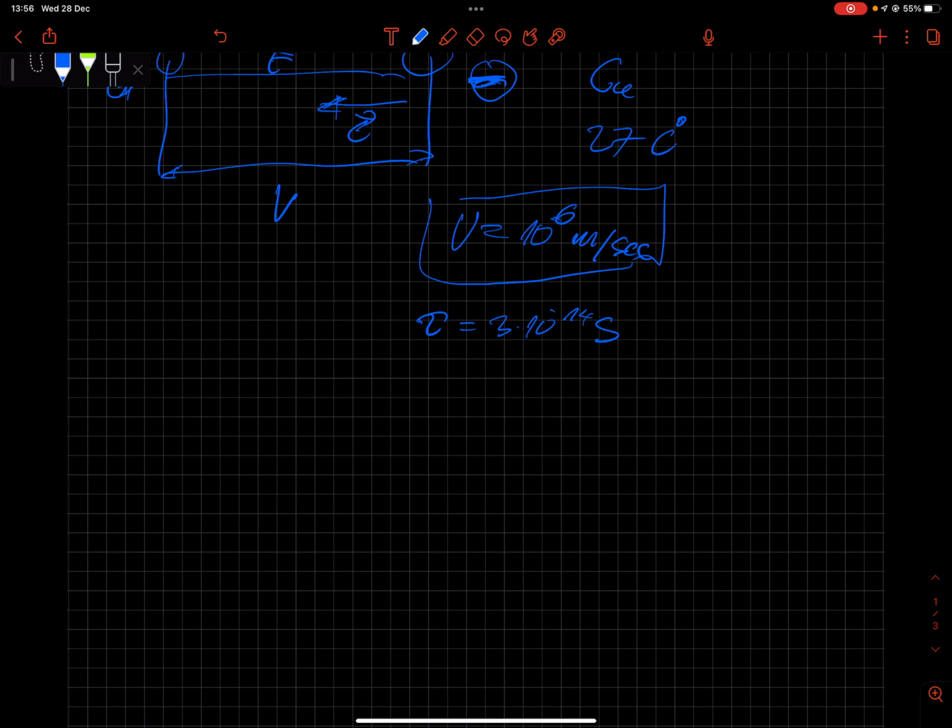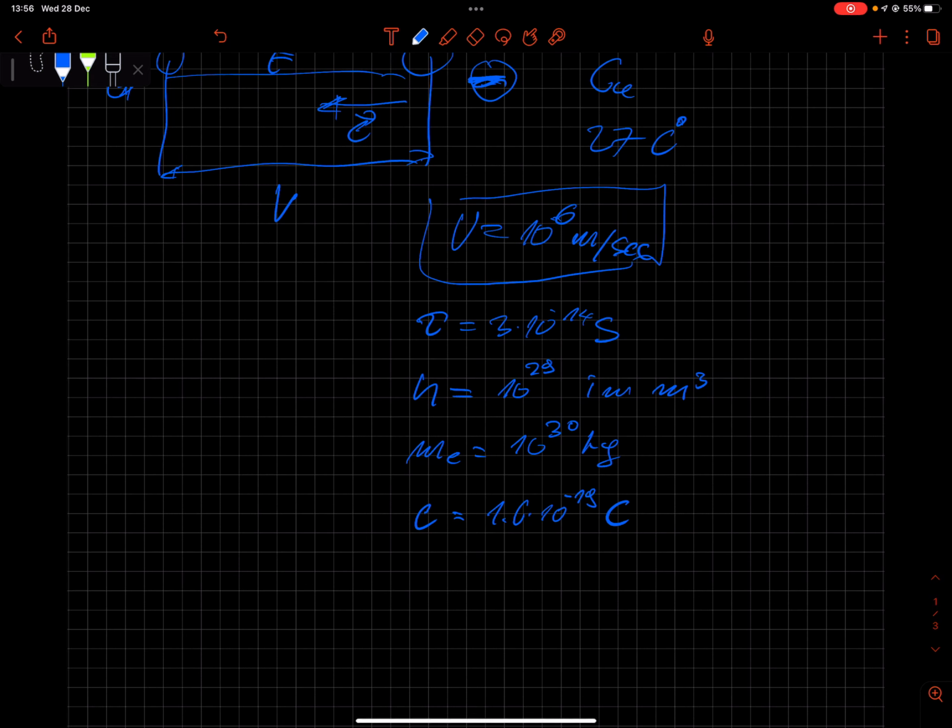Also, the number of free electrons inside the copper is about 10 to the 29 per cubic meter, and each electron has a mass. It's about 10 to the minus 30 kilograms, and of course each electron has a charge. It's about 1.6 times 10 to the minus 19 coulombs.